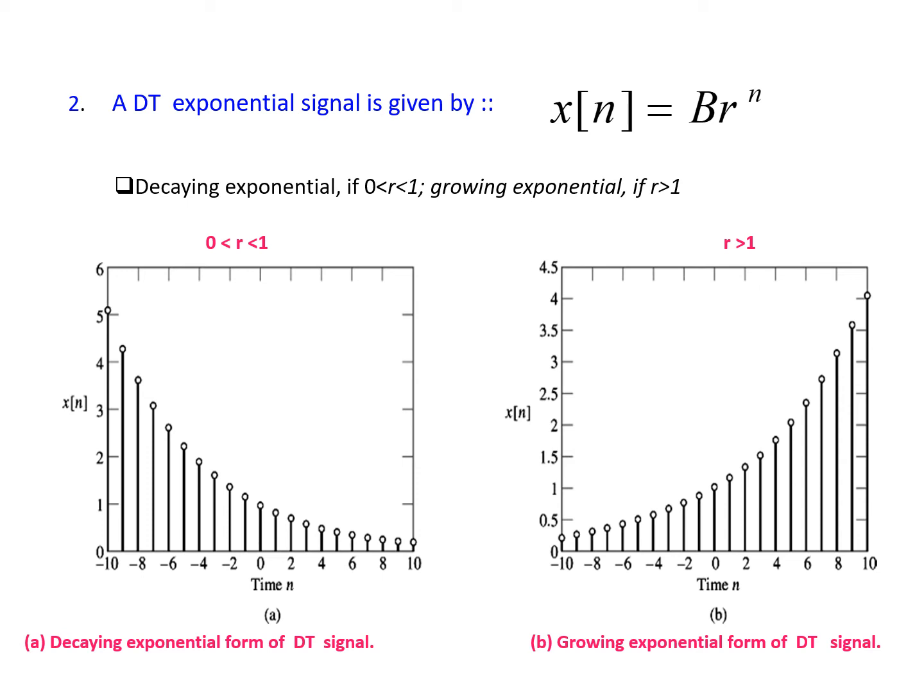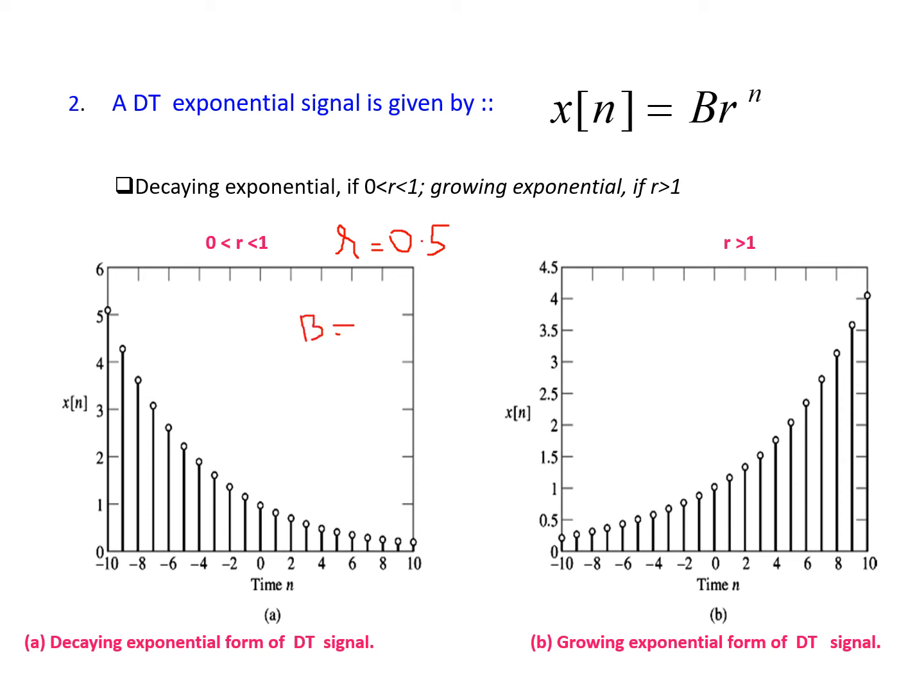Suppose you take the example of r as 0.5, and you put b is equal to 1. That is, r is equal to 0.5, which is between 0 and 1, a positive fraction, and b is equal to 1. That is how this graph is plotted.